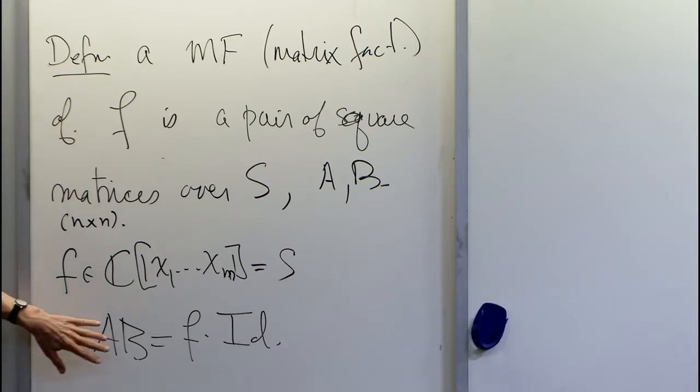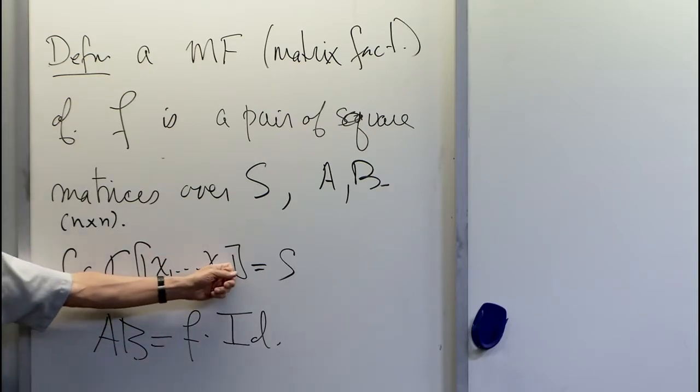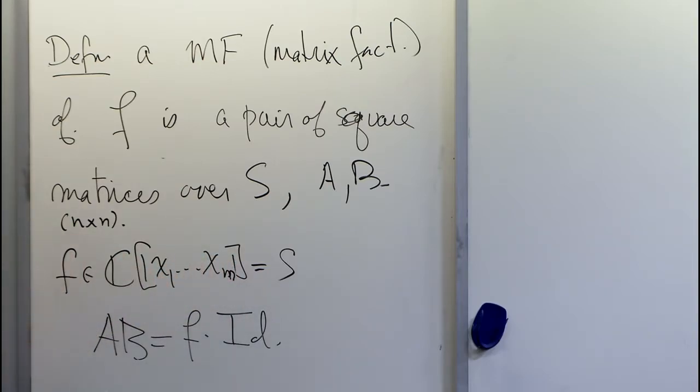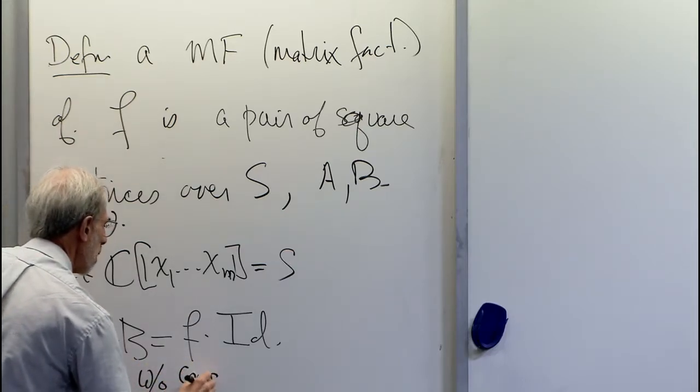Thanks, Greg. So I want to impose some condition of non-triviality. And the way to do that turns out to be to insist that A and B have entries inside the maximal ideal of this ring. So no constant terms. Entries without constant term.